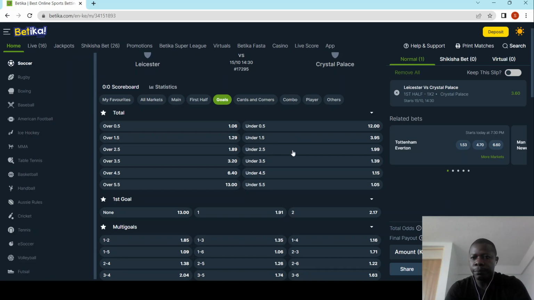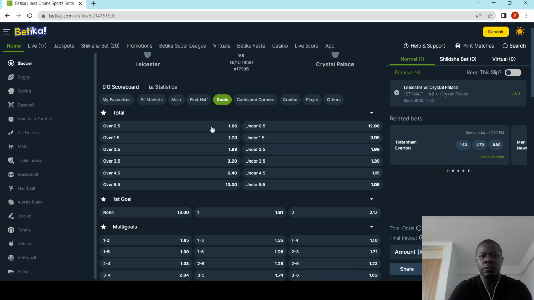Under 2.5 means the total goals scored in that particular game are going to be 2 or 1. Two and below, so it could be 2 or 1. Under 3.5 means total goals will be 3 or less. So this is also an outcome that you can bet on.